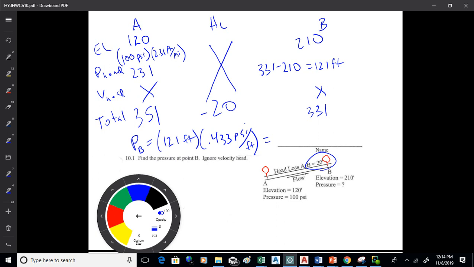So that came out to be 52.4 psi. So that's the basic approach you'd take on these. Pretty common problem. So, you got any questions on that?